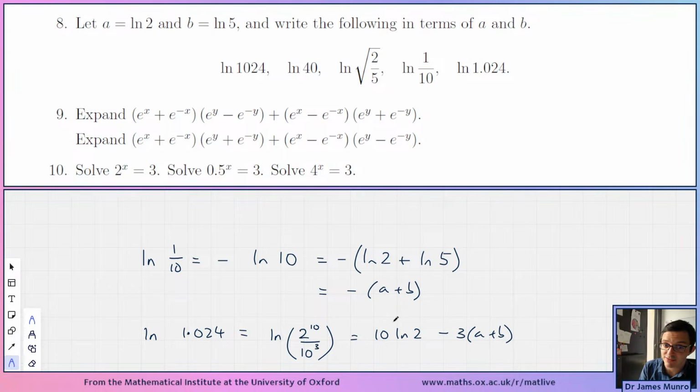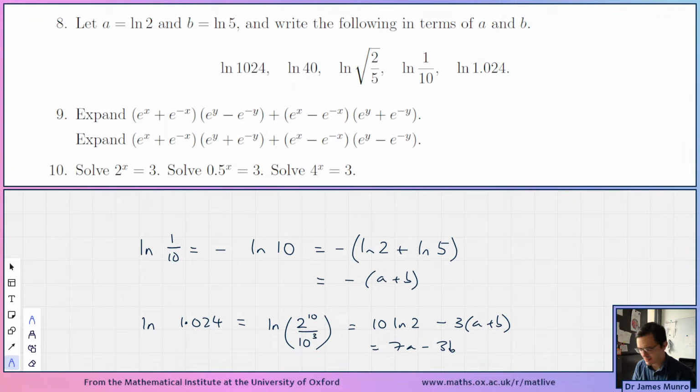What do you raise anything to get 1? You raise it to the power of 0. Log base anything of 1 is pretty close to 0, so this combination on the board is probably quite a small number. What is it? 7a minus 3b. Kind of quite small.